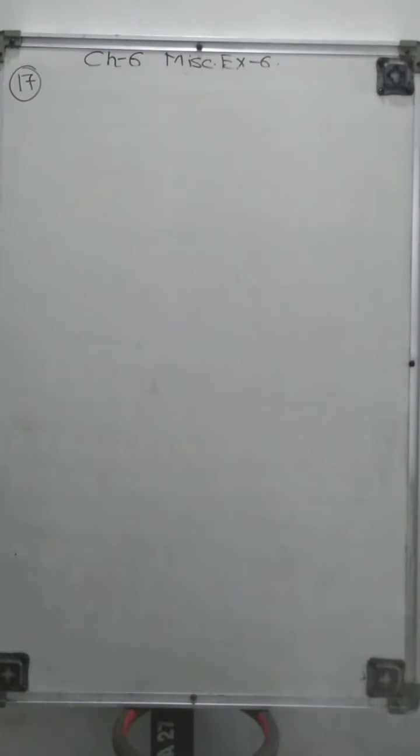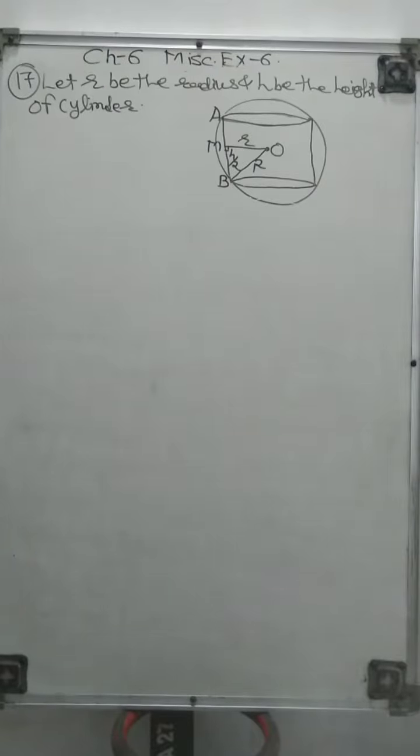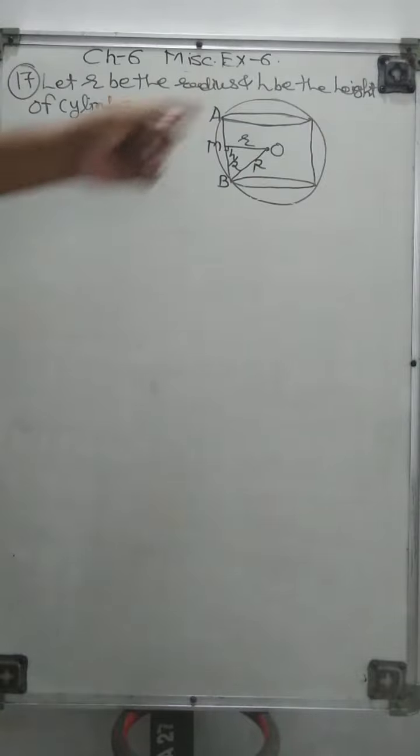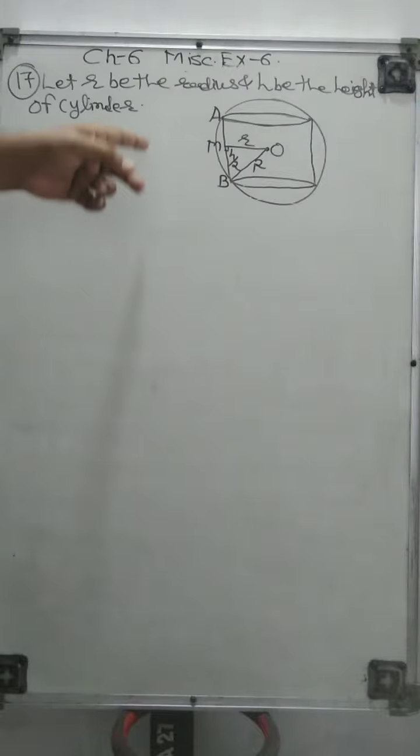Okay, 17th sum. Show that the height of the cylinder of maximum volume that can be inscribed in a sphere of radius R is 2R upon root 3, and also find the maximum volume of the cylinder. Okay, let r be the radius and h be the height of the cylinder.